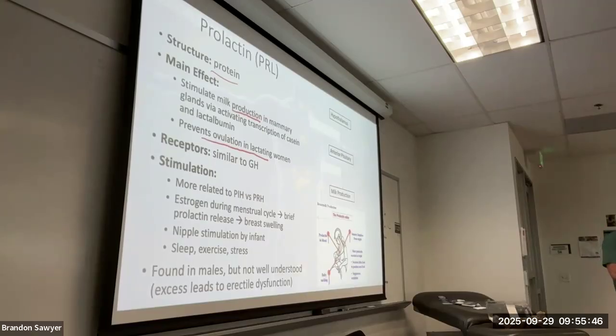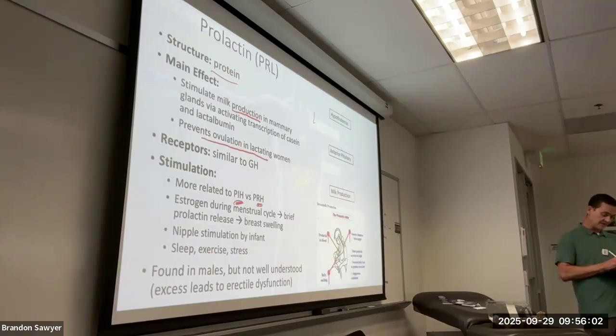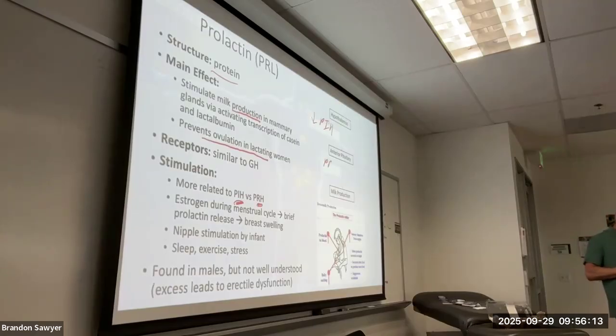The stimulation for its release is actually more related to prolactin inhibiting hormone than to prolactin releasing hormone. The hypothalamus releases both, but really it's a decrease in PIH, prolactin inhibiting hormone, that causes prolactin release from the anterior pituitary, which then causes milk production.